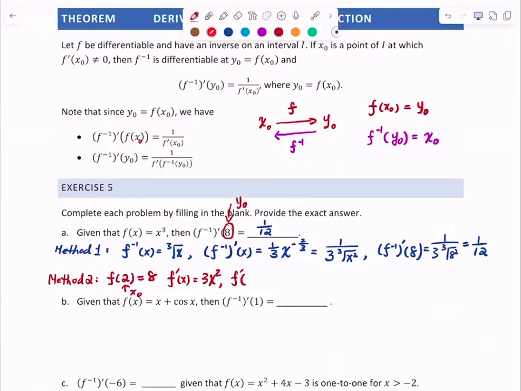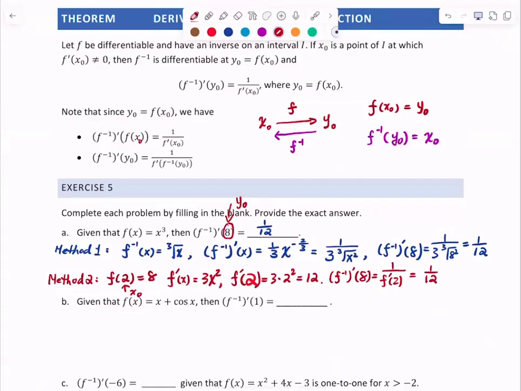Not 8, but 2 is 3 times 2 squared, which is 12. Okay, so f inverse prime of 8 is 1 over f prime of 2. So that's applying the formula. And that's 1/12.